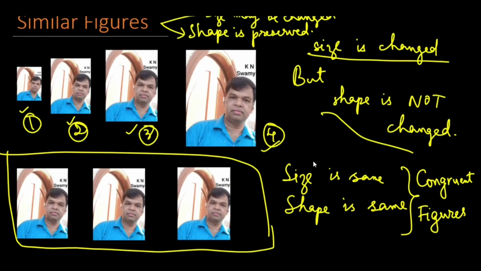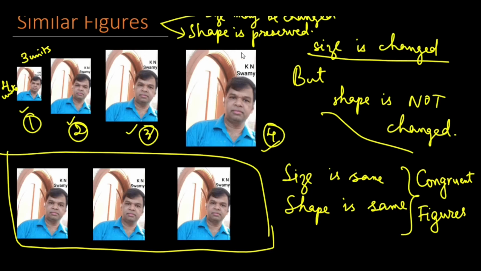We can generate similar figures by changing the sides. Here the sides are changed proportionally. Suppose I have 3 units here and 4 units here. These sides are changed proportionally.